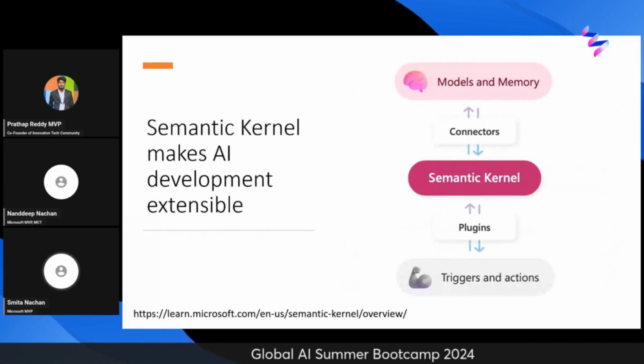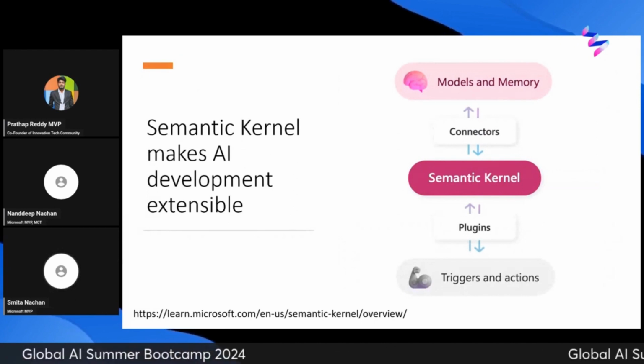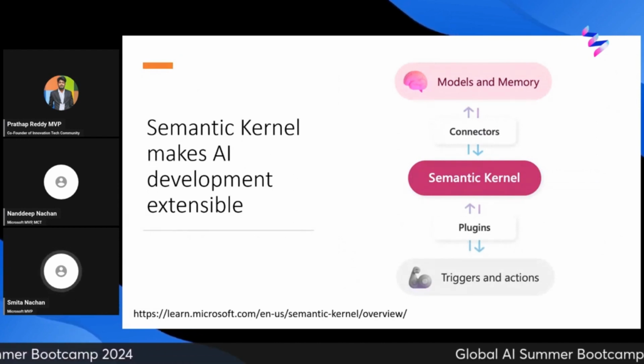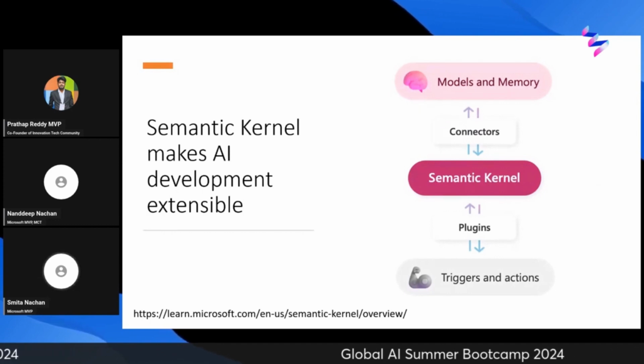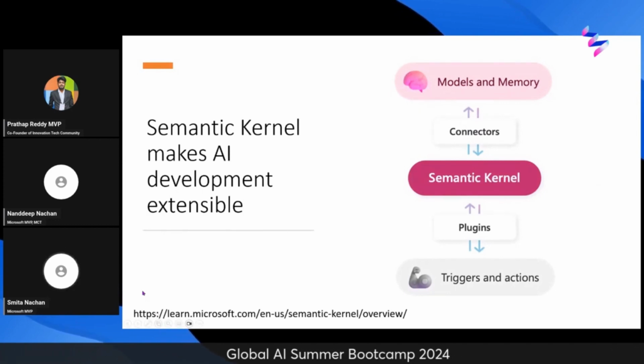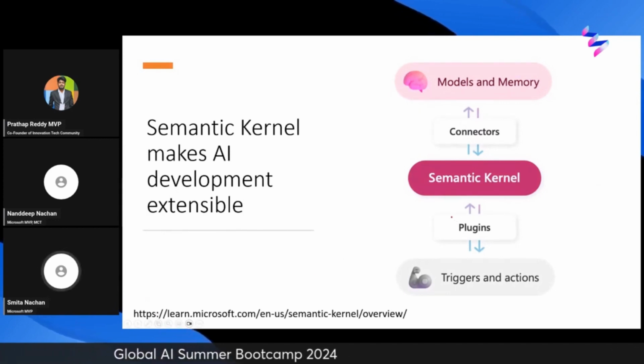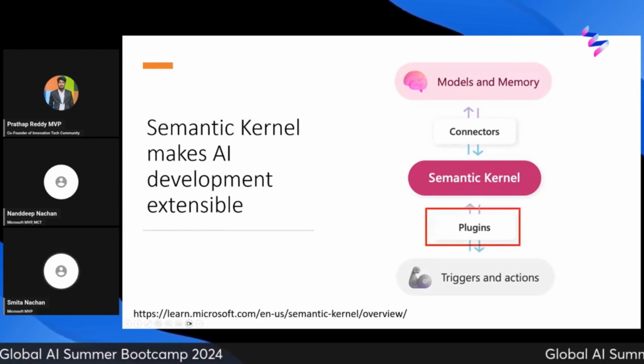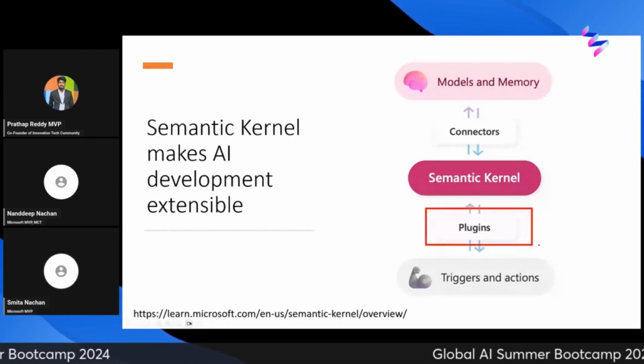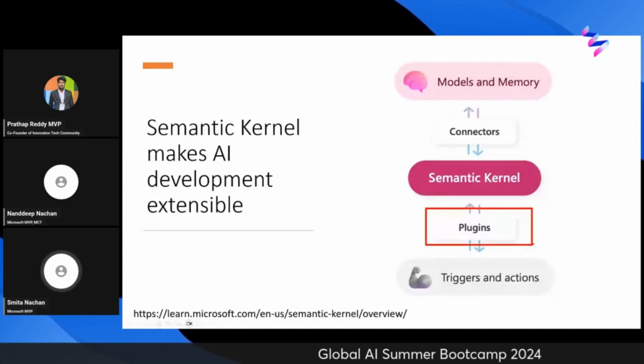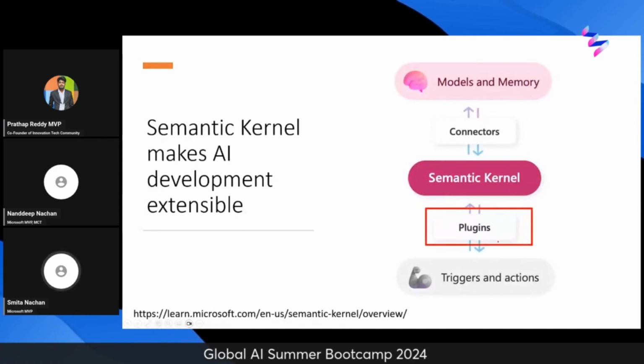The Semantic Kernel has been engineered to make it easy to add your existing code to your AI agents with plugins. With plugins, you can give your agents the ability to interact with the real world by calling your existing apps and services. In this way, plugins are like the arms and hands of your AI app.